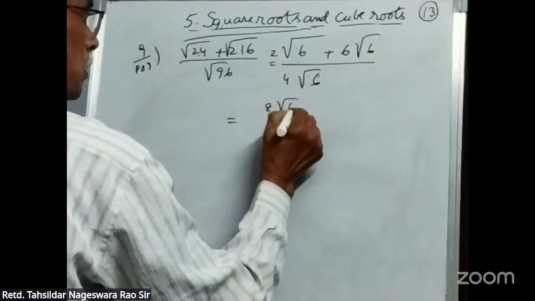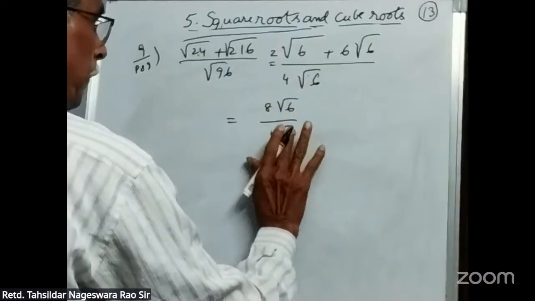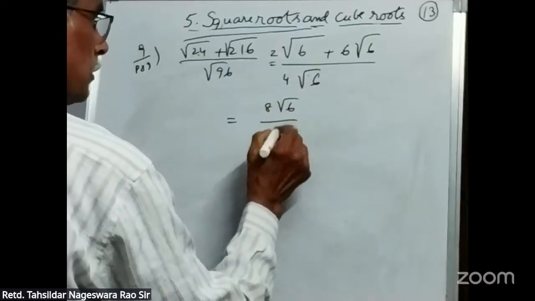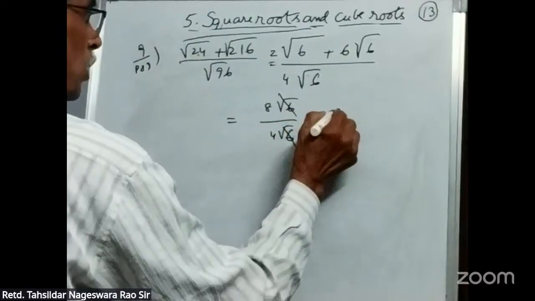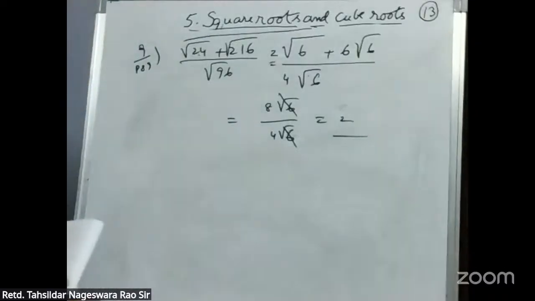Total 8 root 6 by 4 root 6. 8 by 4 remains, 2. Next question.